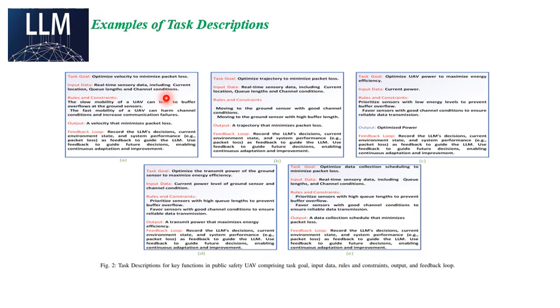It optimizes velocity based on current location, fuel level, and channel condition. We have some role and constraint: the slow mobility of the UAV can lead to buffer overflow, and fast mobility of the UAV can harm the channel condition and increase communication failure. We also specify the output: a velocity that minimizes the packet loss.